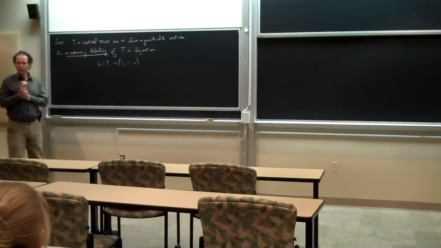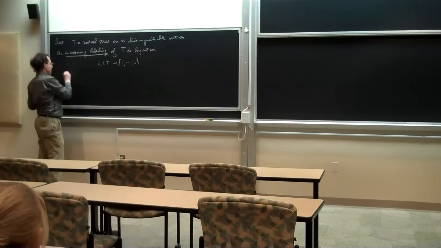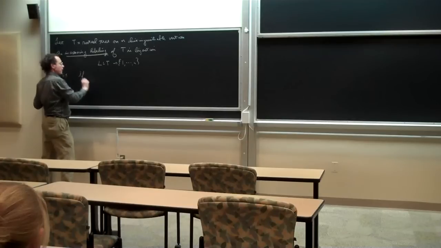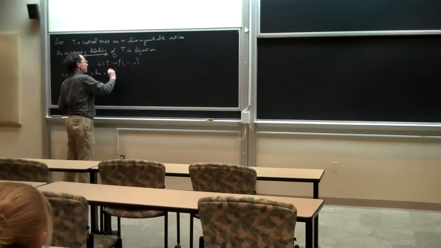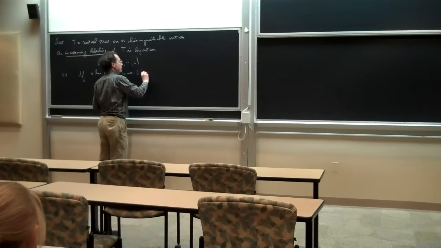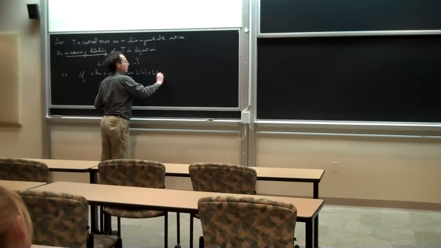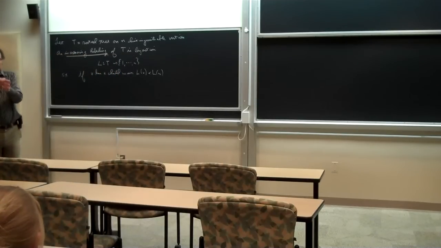Those are the labels. What makes it increasing is that if I've got a vertex V which has a child W, then the label that I give to V is smaller than the label that I give to W. So as you go out from the root, your labels are going to get larger.